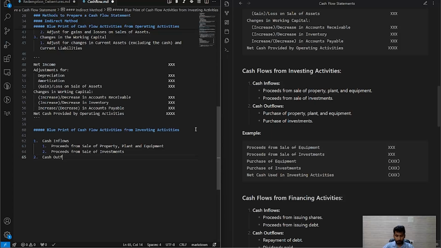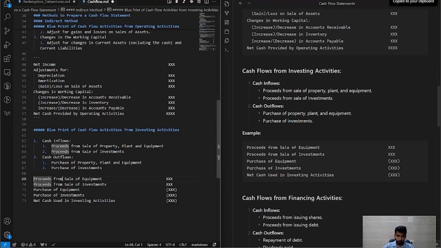Other than that, cash outflows: purchase of property, plant and equipment, and purchase of investments. This is the blueprint, or you should say the format, of investing activities.